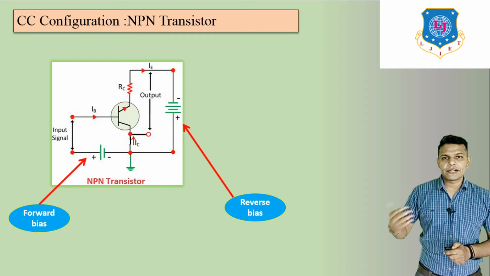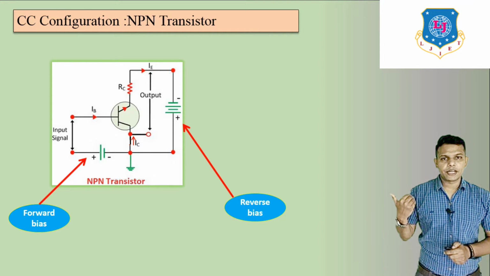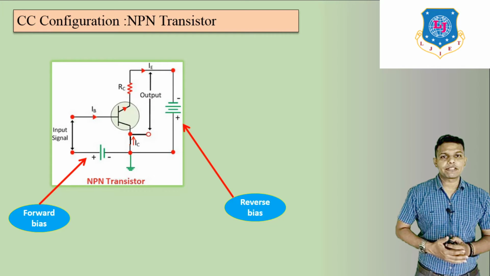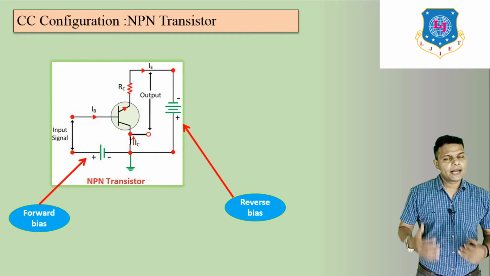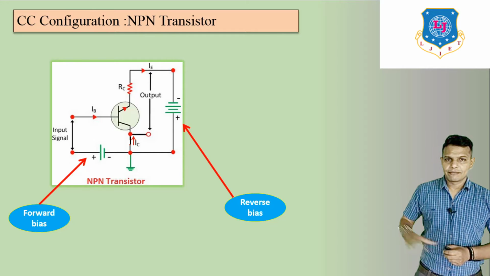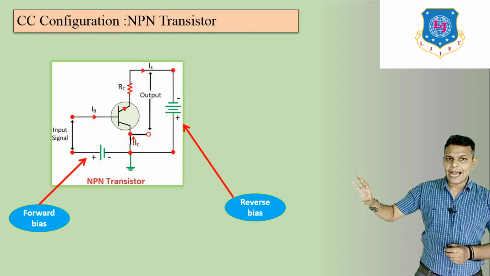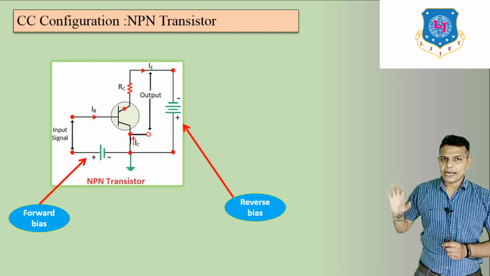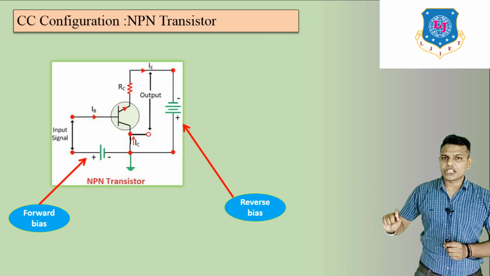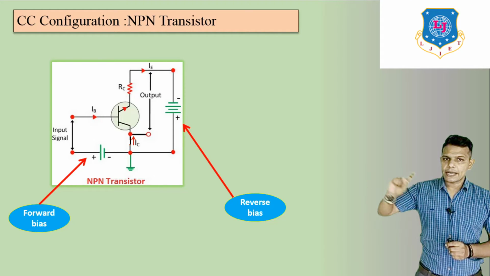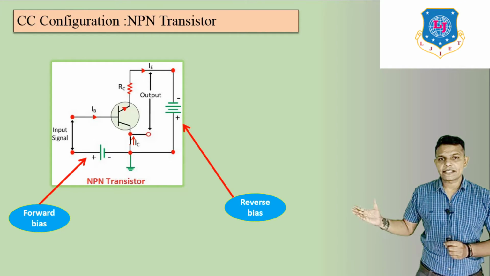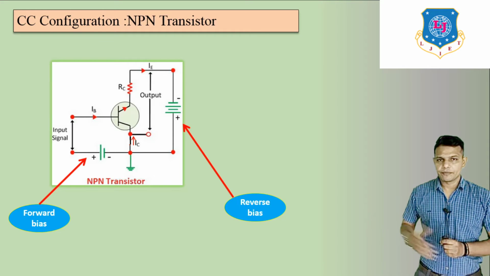So we have to identify the input voltage, input current, output voltage and output current, because we are going to discuss input characteristics and output characteristics. The input current is IB. IB is your input current, and the input voltage is the potential difference between B and C, which is known as VBC.